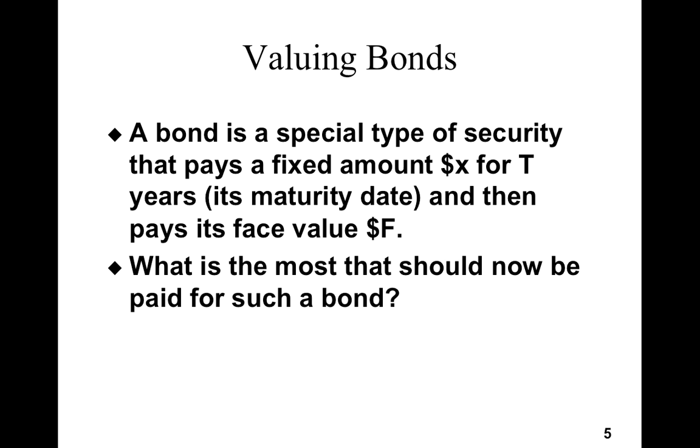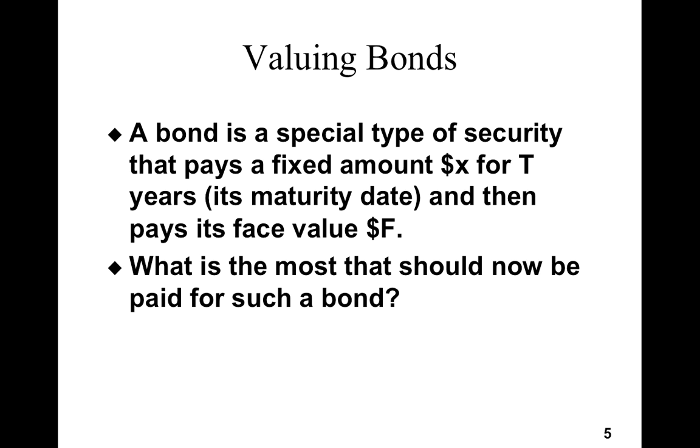So let's think of a bond. A bond is a special type of security that pays a fixed amount of $X for T years. So let's say that a bond is of 3 years, as in the earlier example of the financial security.